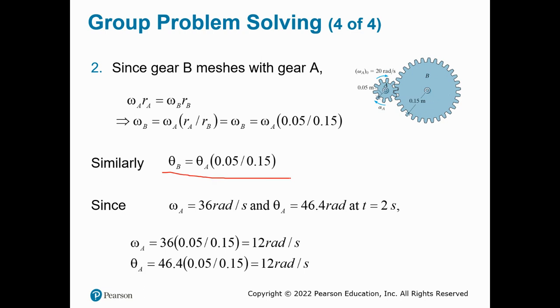Similarly, the angular distance that they travel is in ratio as well. And then we'll plug in the 2 seconds. That will give us the angular velocity and the angular distance that they travel. Again, I believe the per second should not be there. That should be radians only.